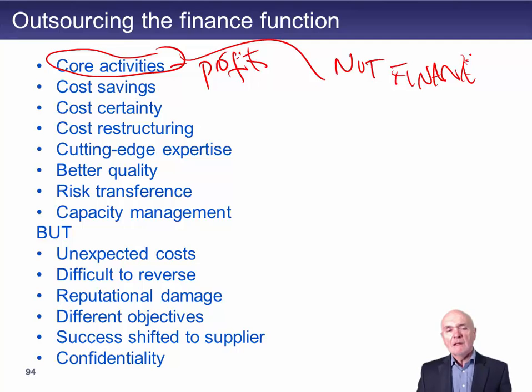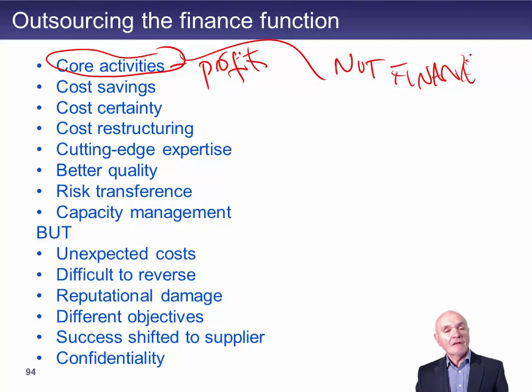If it's a core activity, then I would say you probably shouldn't outsource it. And there may be situations where an organization regards its finance department as a core activity. It may be a bank, for example, and outsourcing is dangerous because in a way it's telling other people the secret of your trade.